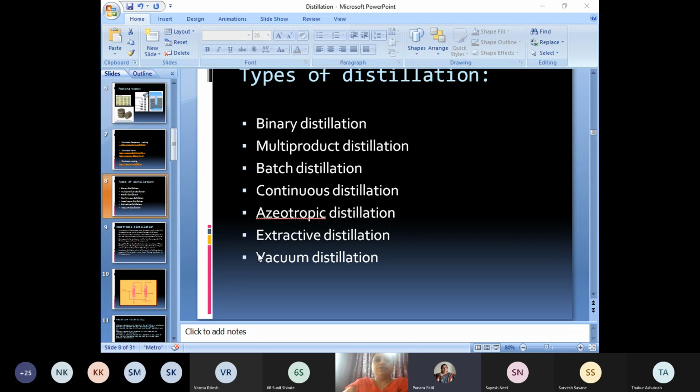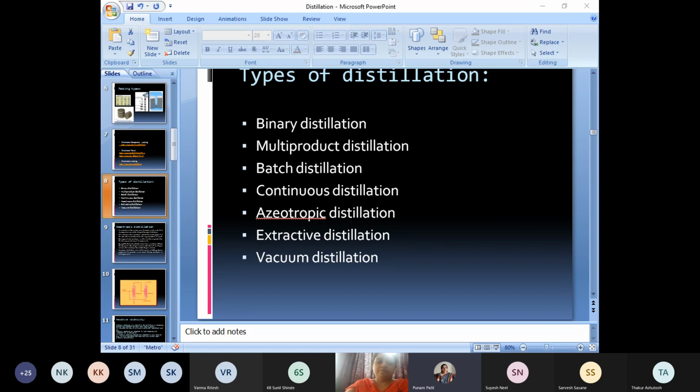Then azeotropic, extractive and vacuum distillation. These are three special types of distillation. In azeotropic distillation, when the normal distillation process is not able to separate the components of the feed material, then we have to go for azeotropic distillation. What exactly happens, why are the components not separated?